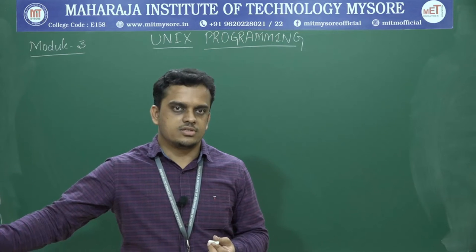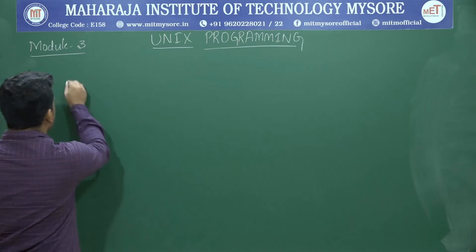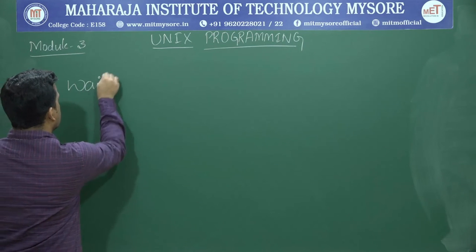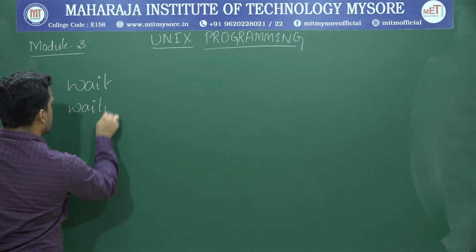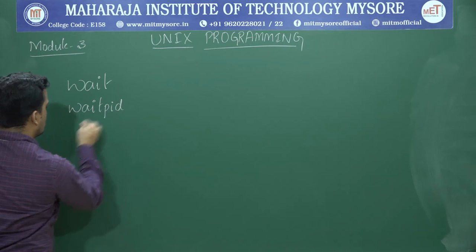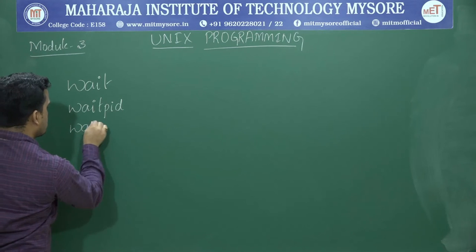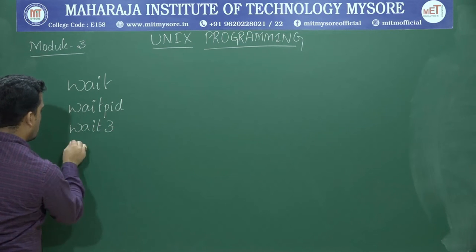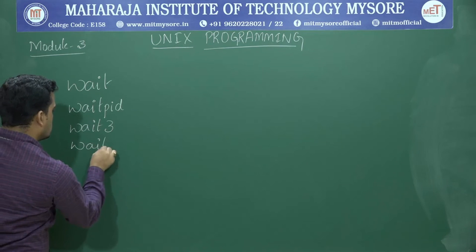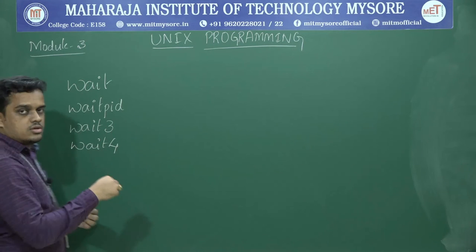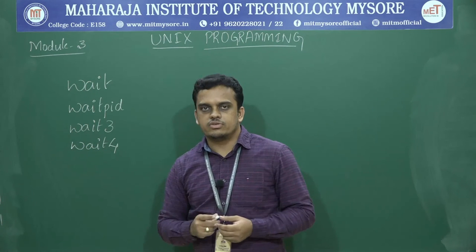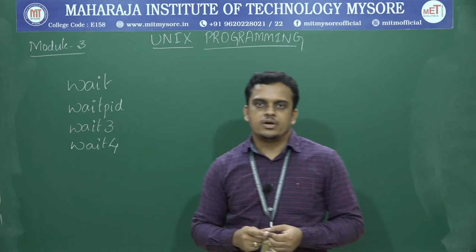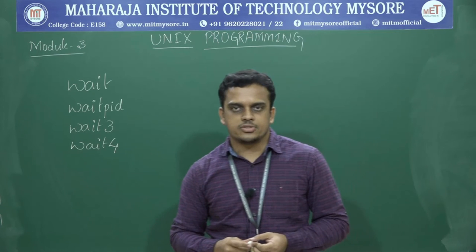The very first one is the wait function. The next one is waitpid. The next is wait3 and wait4. These are the different forms of wait functions which are used to retrieve the termination status of a terminated process.